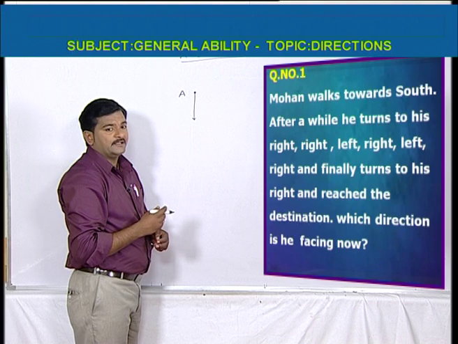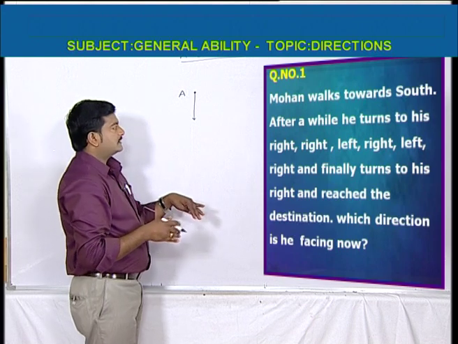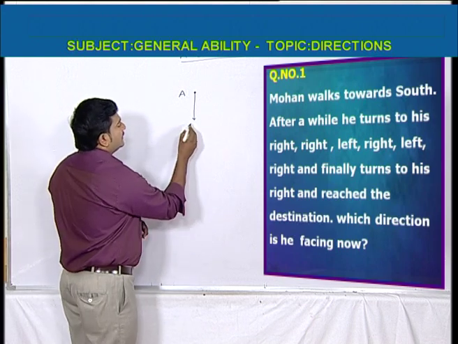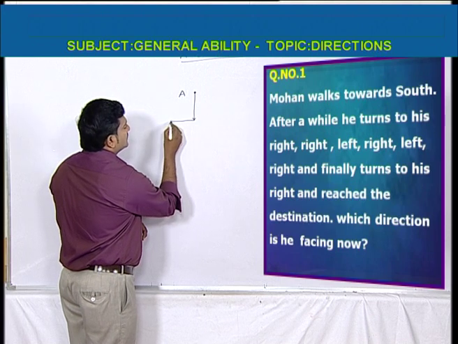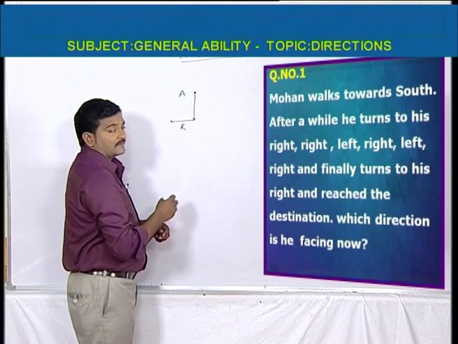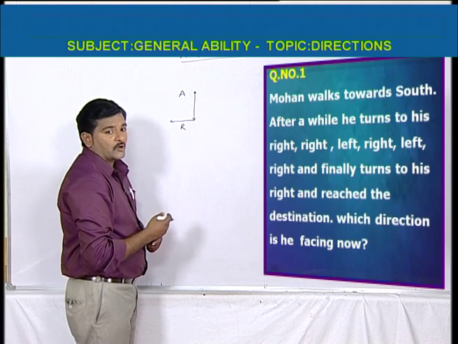After a while he turns to his right. So this is one right direction. After that he gave some lefts and rights. How many lefts and how many rights?